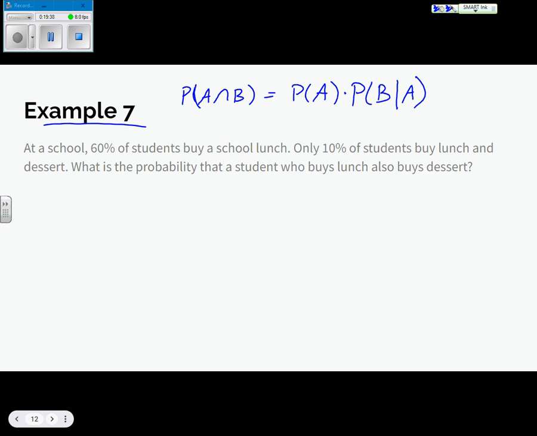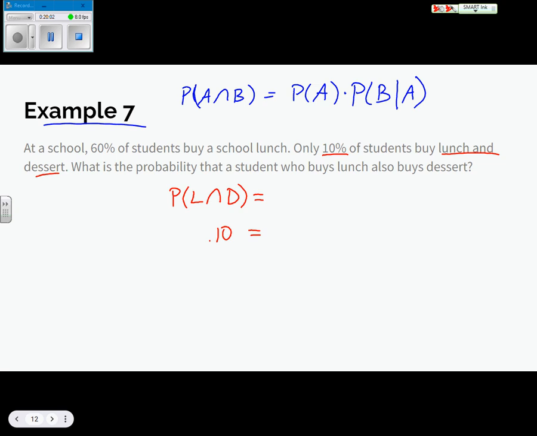So I'm going to first change around my variables to the probability of lunch and dessert. It told me there's only 10% of students that buy lunch and dessert. So this is going to be 10%.